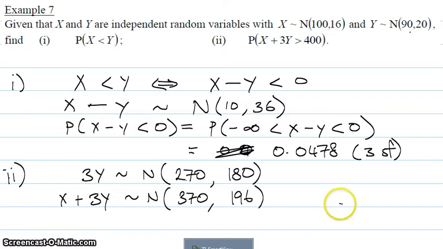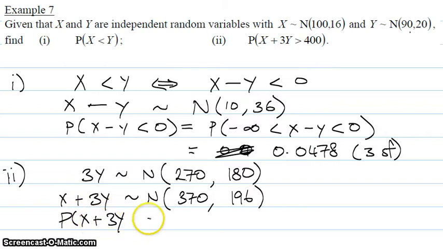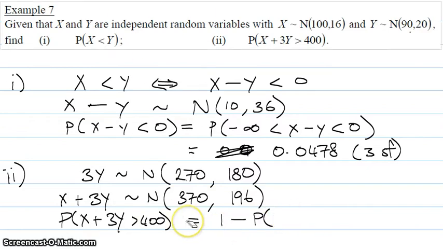What are we asked to do? We're asked to find the probability that x plus 3y is bigger than 400. Actually, I don't need to do 1 minus, I can take care of this on my GC.